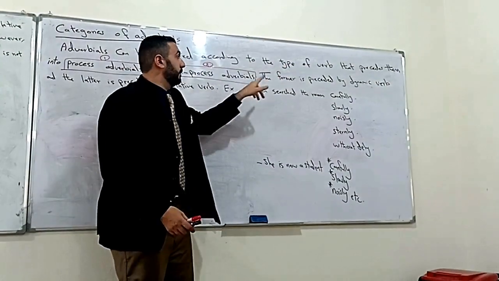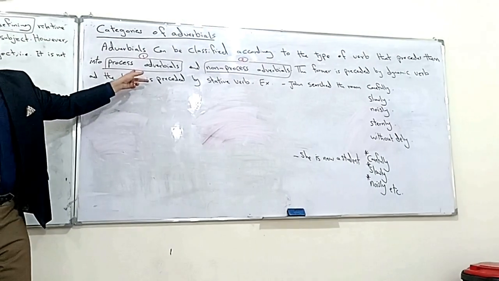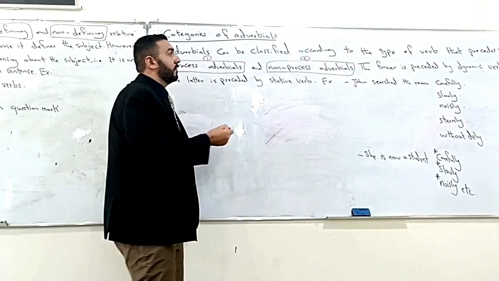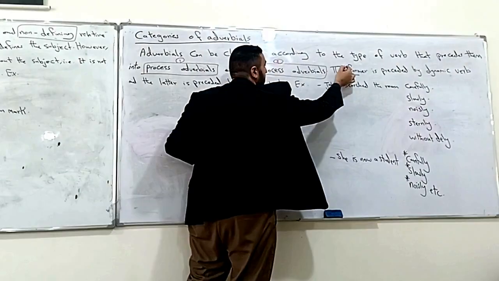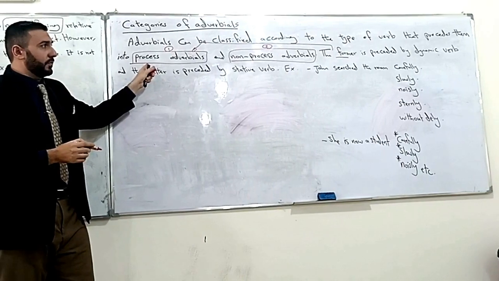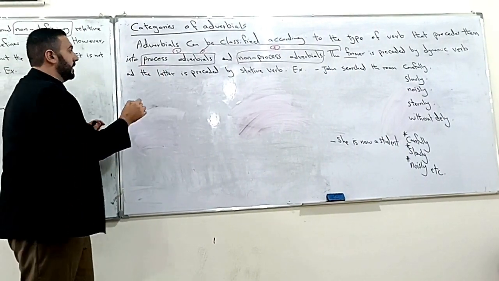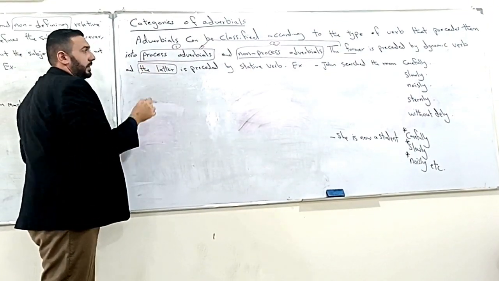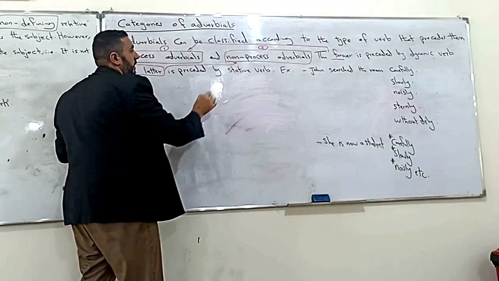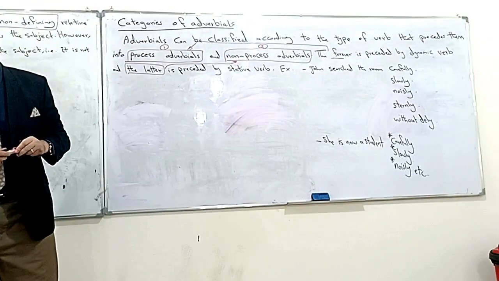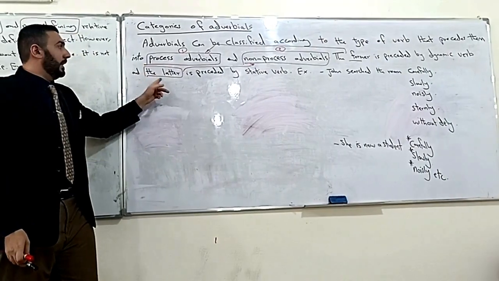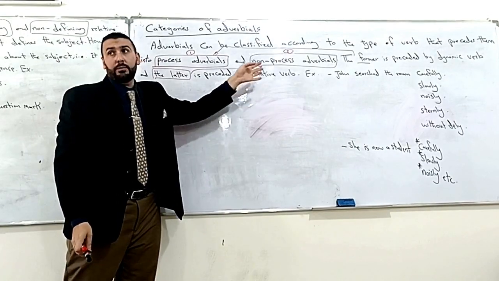The former means process adverbials, okay? This is a style of writing. And the latter, meaning the last one, means non-process adverbials. The former is preceded by a dynamic verb, and the latter is preceded by a stative verb, for example.